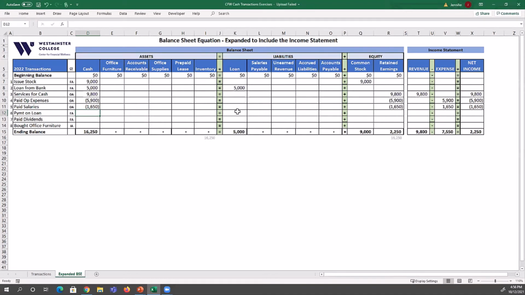So we should reduce this loan account also by the $1,000. So let's go ahead and put that in, decrease my cash by $1,000 and decrease my loan by $1,000. Okay, my total assets decreased in this, and my claims decreased in this, both by $1,000, so we're in balance.